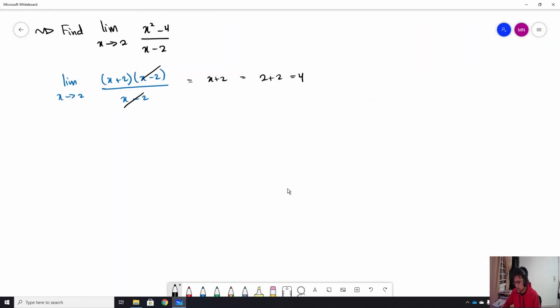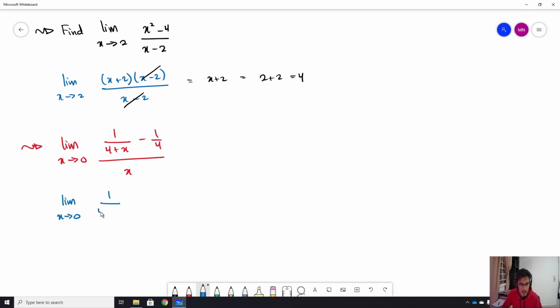So let's get one last example for this section, which is limit x approaching 0 of 1 over 4 plus x minus 1 over 4 over x. So this can be simplified. X approaching 0, 1 over 4 plus x multiplied with 4 minus 1 over 4, 4 plus x, 4 plus x over x.